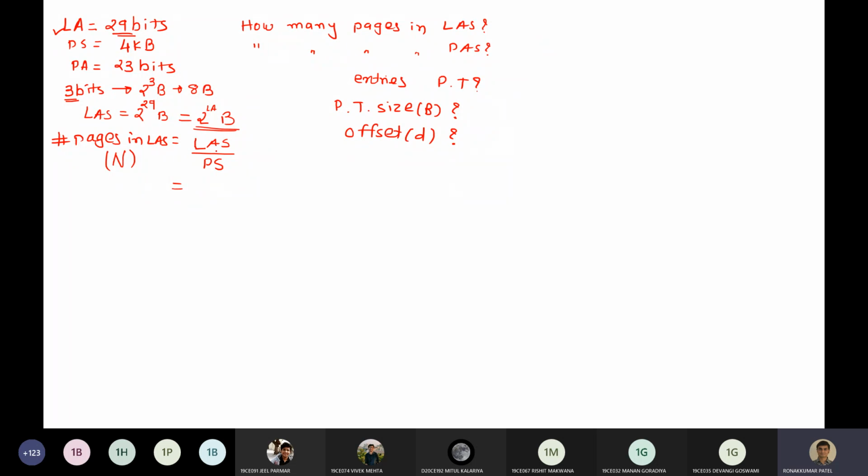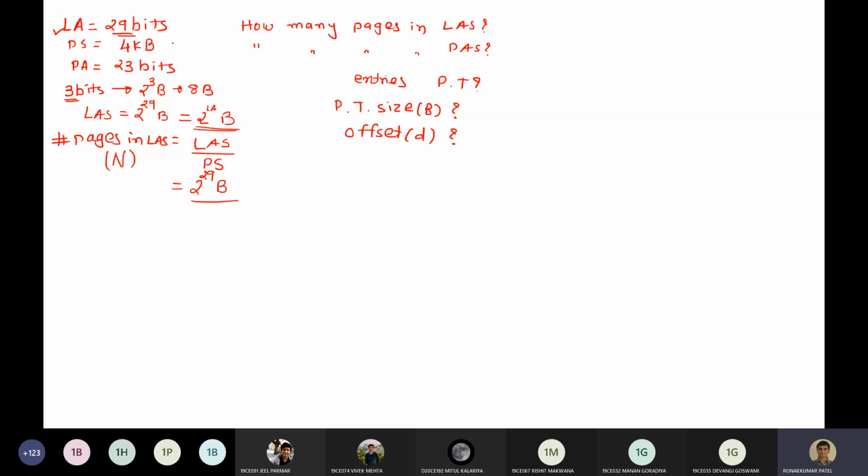Now you don't require a calculator for this, right? Logical address space is 2 raised to 29 bytes. Page size is 4 KB.